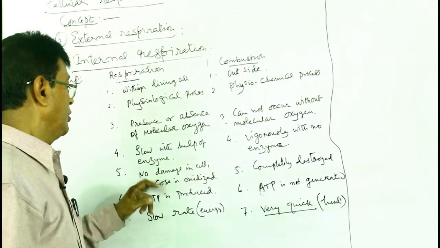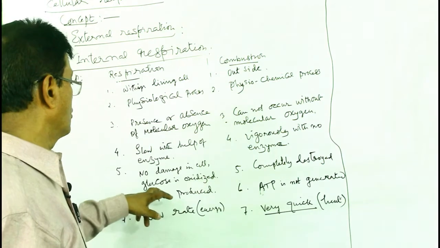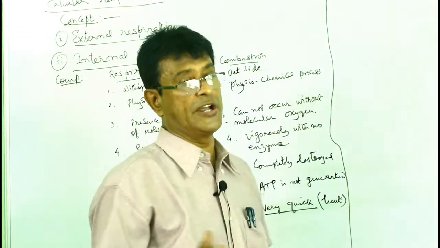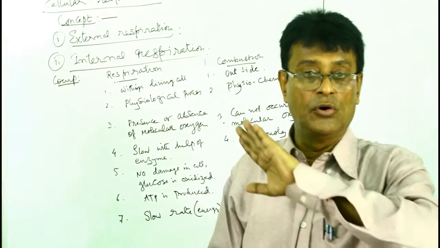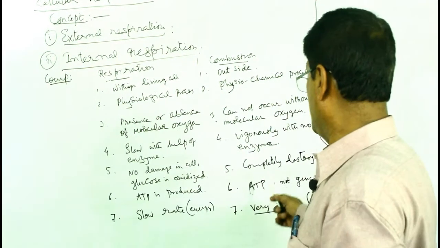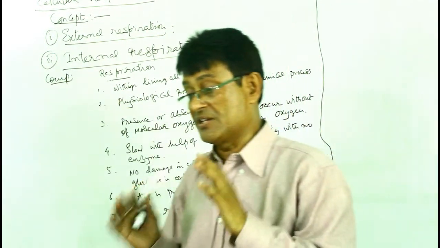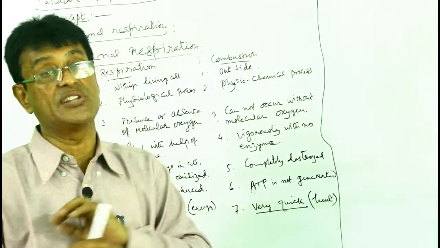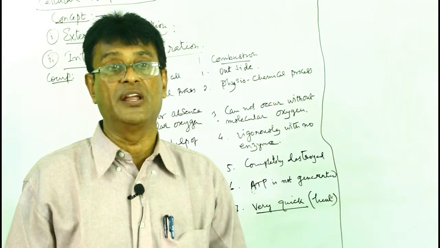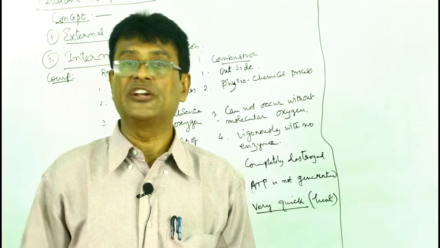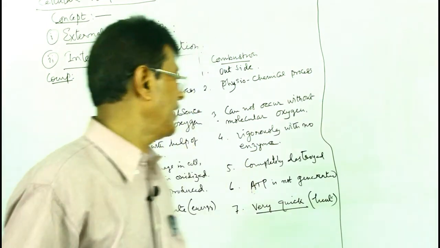Number five, no damage in the cell. Glucose is oxidized to energy, but no damage in the cell is done. But in combustion, complete things are destroyed, because it's simple burning. Take some object, put fire on it. It will burn to ashes, so it is destroyed.